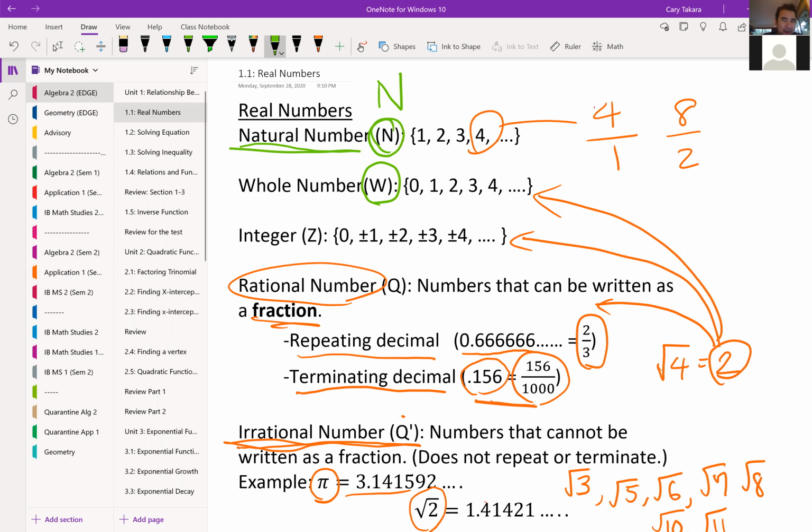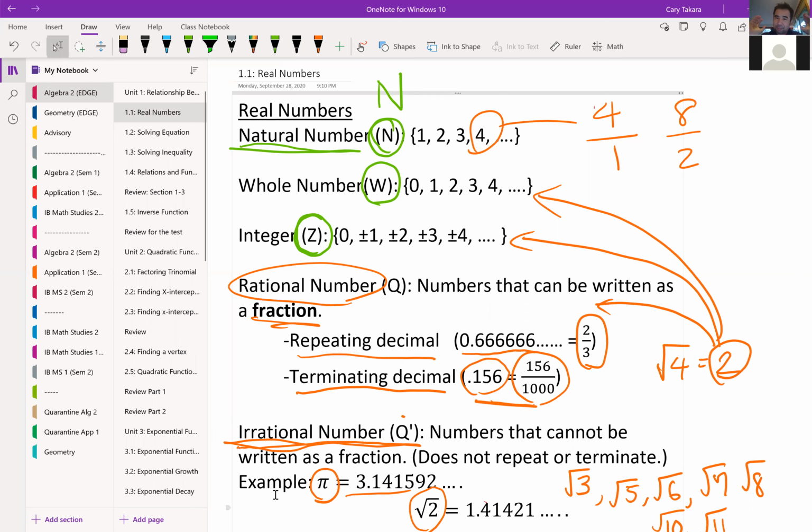But the integers are Z. I looked up why it's Z on the internet for the first time this year, but I've already forgotten why. I think it was the German word for numbers, which starts with a Z. But anyway, the integers are Z.